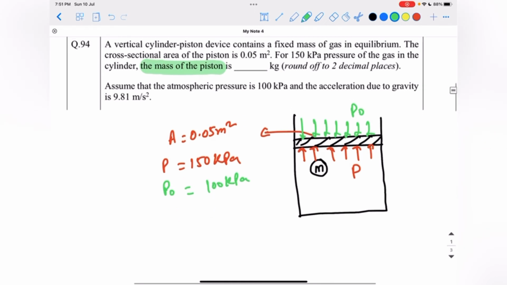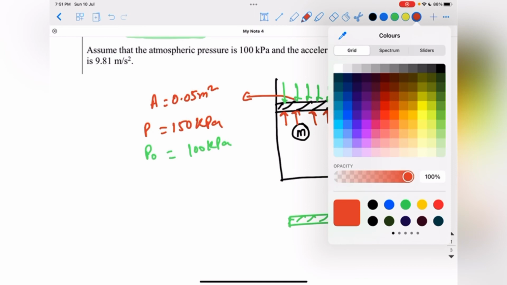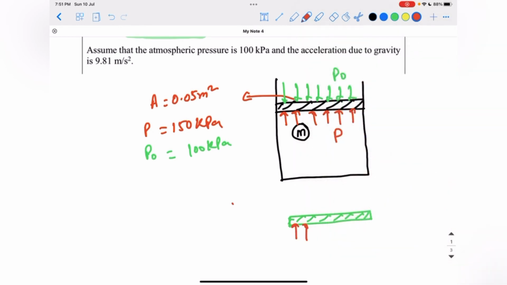See, this question is very simple. We need to draw a free body diagram of this piston. So I have a pressure P exerted at the bottom face, and on the top face there is a pressure P naught from the atmosphere, and the third is the weight of the piston, which is mg.